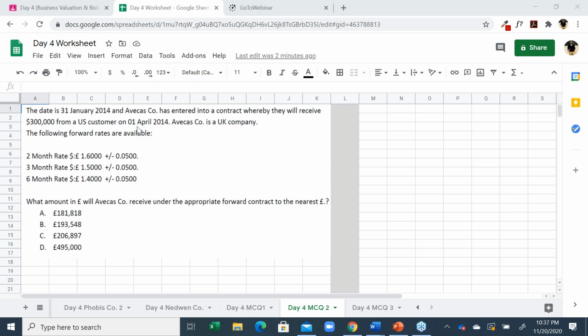And ACCA's company is a UK company, so the local currency is pound sterlings. And there are 3 different forward rates available. Which one is relevant for us? 2, 3, or 6 months? 2 months, right? Yep.